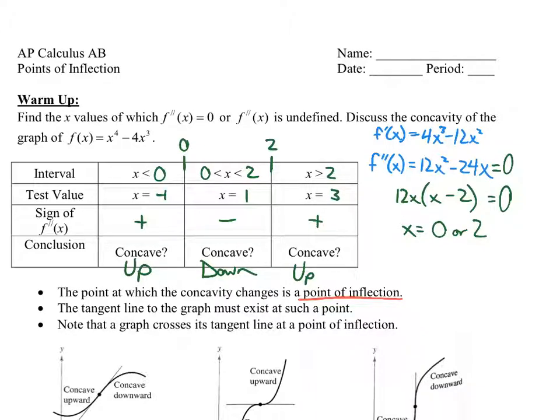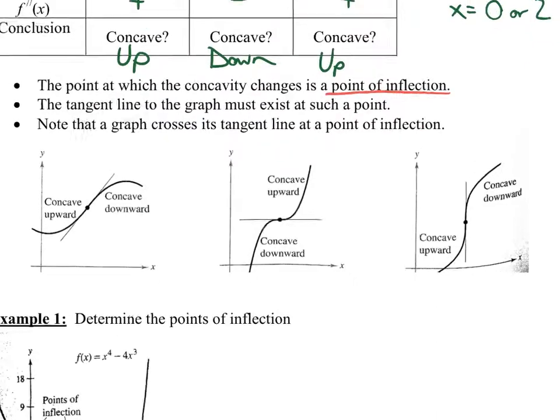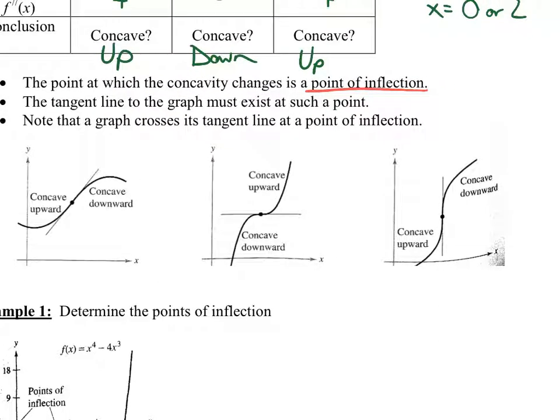Now, this is one of those points where the tangent line does something a little bit odd. You can see here we have 3 different diagrams of what you might see with a point of inflection. On the left-hand side of the first one, where we have the point of inflection right here, it's concave upward, and then concave downward to the right. You'll see the tangent line actually passes through the graph.